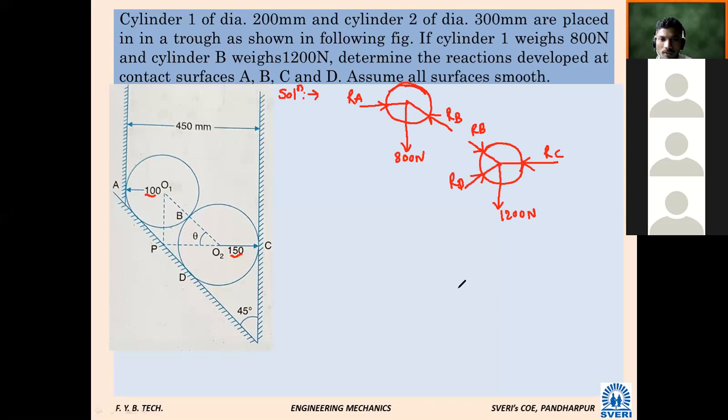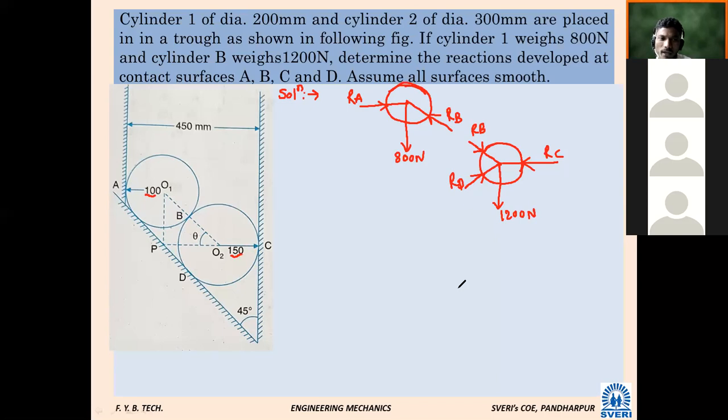What is the angle between the 800 Newton weight and reaction RB? Is it given, or do we have to calculate it? We have to calculate. In the figure the dotted line is already shown.